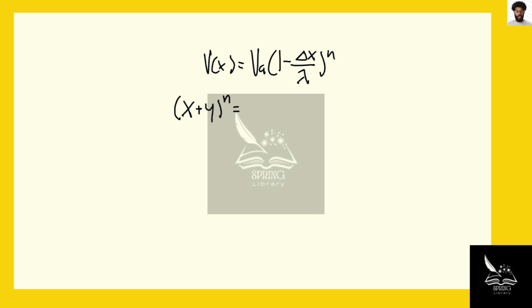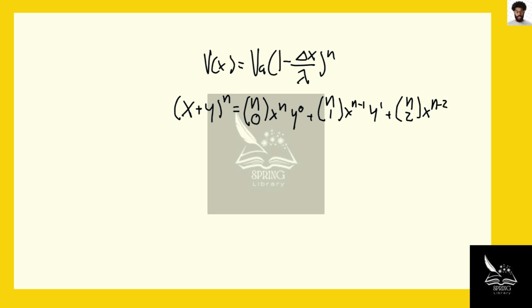We can rewrite this as an infinite sum: n choose 0 times x to the n times y to the 0, plus n choose 1 times x to the n minus 1 times y to the 1, plus n choose 2 times x to the n minus 2 times y to the 2, and so on and so forth, infinitely.